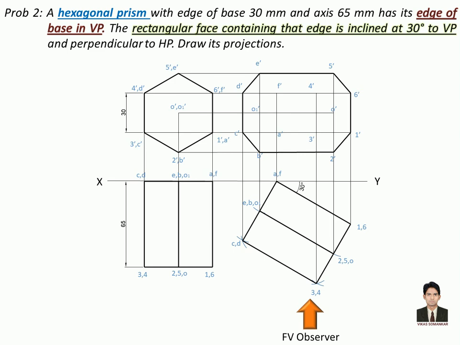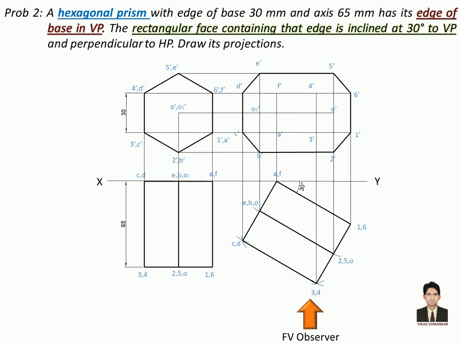Then we will refer to the second point. The second point says all the lines or the edges passing through the nearest corner to the observer should be visible. So here in this diagram 3 and 4, two corner points, are nearer to the observer. So let's consider 3 first and then we will move to 4. While considering 3, you should know which are the 3 edges through point 3.